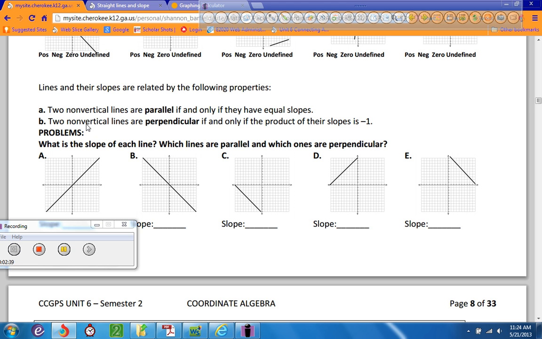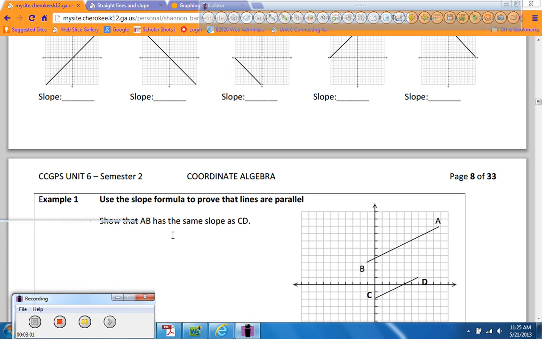Now on A, B, C, D, and E, you need to be able to come up with the actual slope besides telling if it's positive. We can do that by getting any 2 points off of it. So I'll work example 1 out here to prove that these two are parallel, and then you'll do the same process up here.